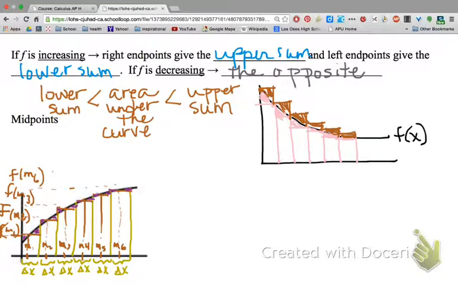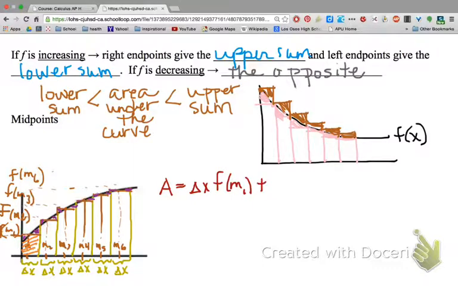And so when I calculate the area this time, notice that the rectangle is still delta x wide. So this is rectangle number 1. For rectangle number 1, the width is delta x, but the height is f of m1.